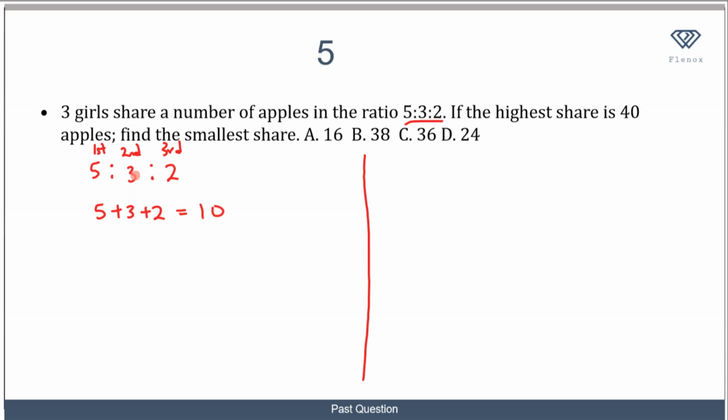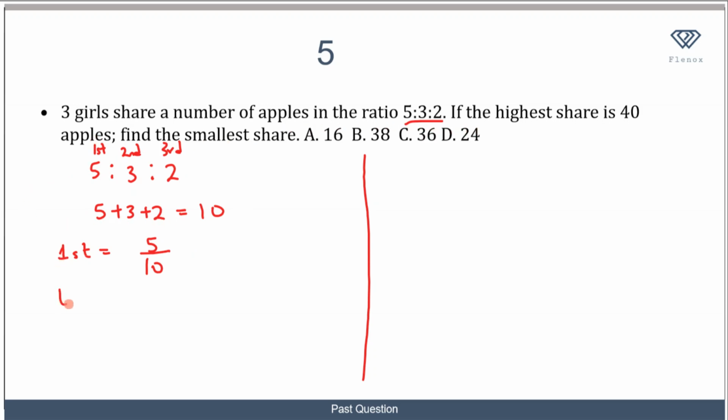So the fraction belonging to the first girl is what? 5/10. So now we know that 5/10 of the total number of apples that they are sharing will equal the number of apples that she gets. But now we don't know the total number of apples that they are sharing.